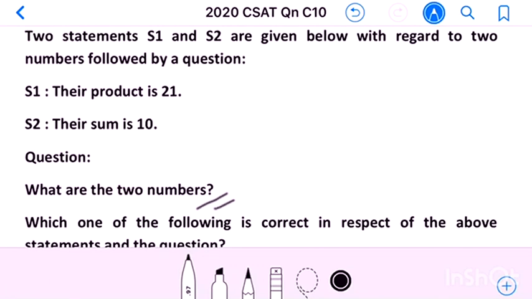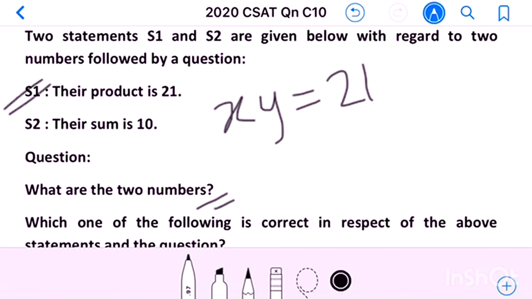First statement, their product is 21. Suppose x and y are those two numbers, their product is 21. So here x and y can take infinite number of values. So from the first statement we cannot find the value of x and the value of y. Then second statement, their sum is 10. x plus y equal to 10.